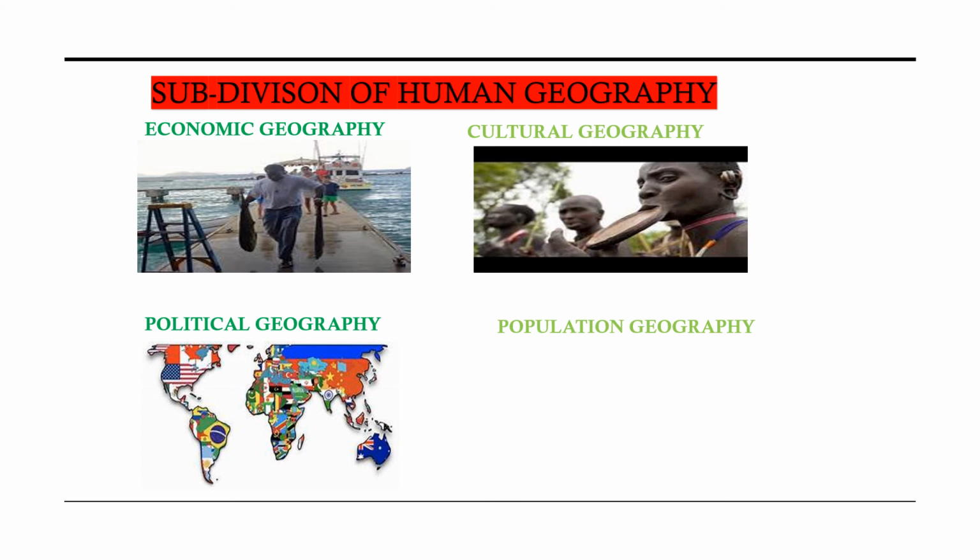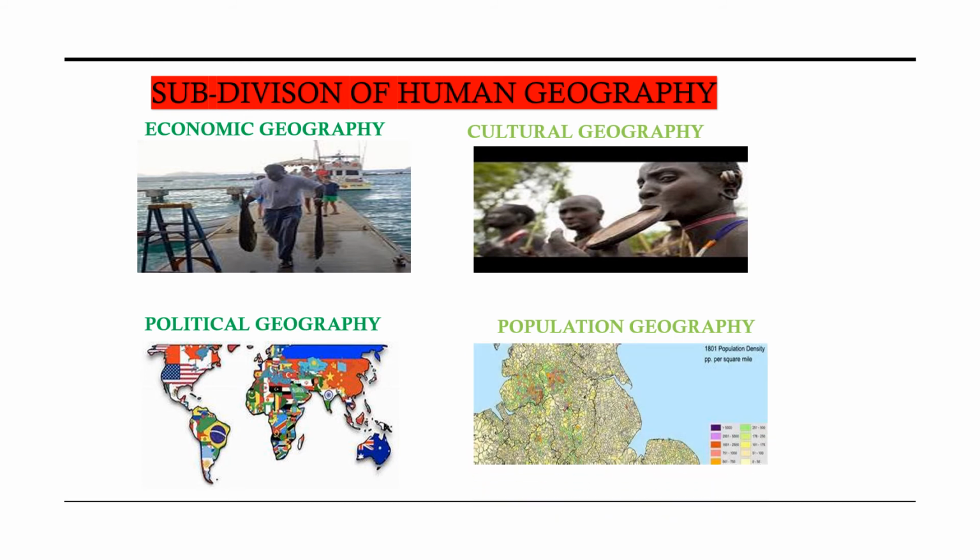Next one we will look at is population geography. Population geography, like I said, deals with population. And what are some of the things that we try to find out about the population? We try to find out the amount of babies being born per year, the amount of deaths recorded, the amount of persons migrating, the amount of persons that make up the BVI that might be expats.